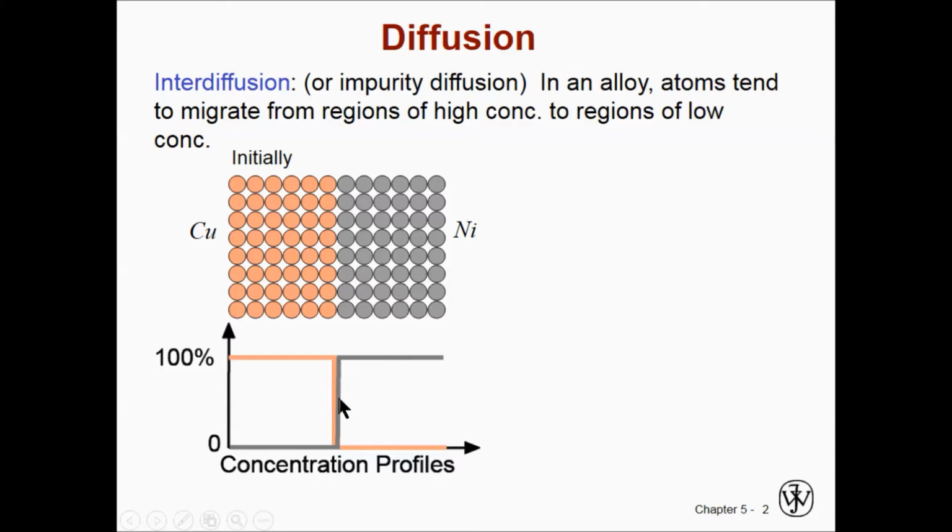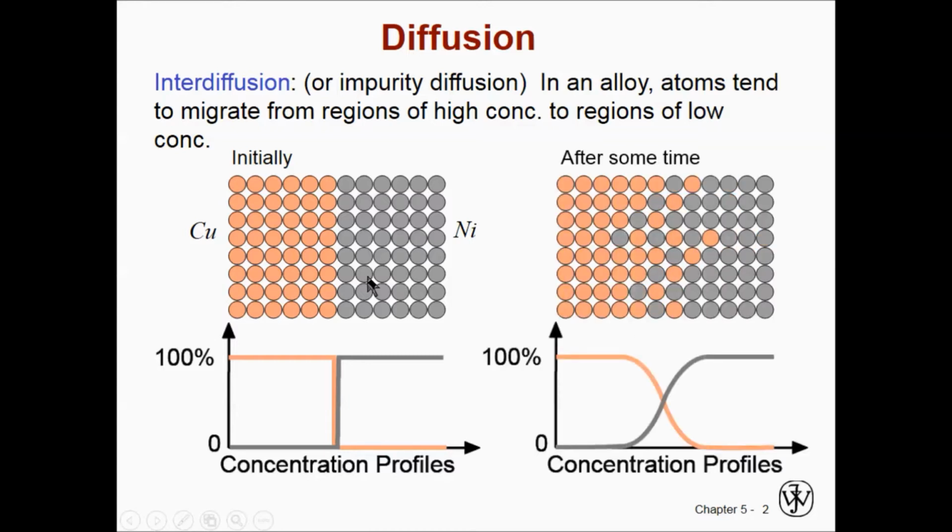When I reach copper, it drops to 0% until the end. So we increase temperature, diffusion starts. As diffusion starts, you see orange ones are for copper. They migrated or diffused into nickel, and nickel atoms, which are gray, diffused into copper.